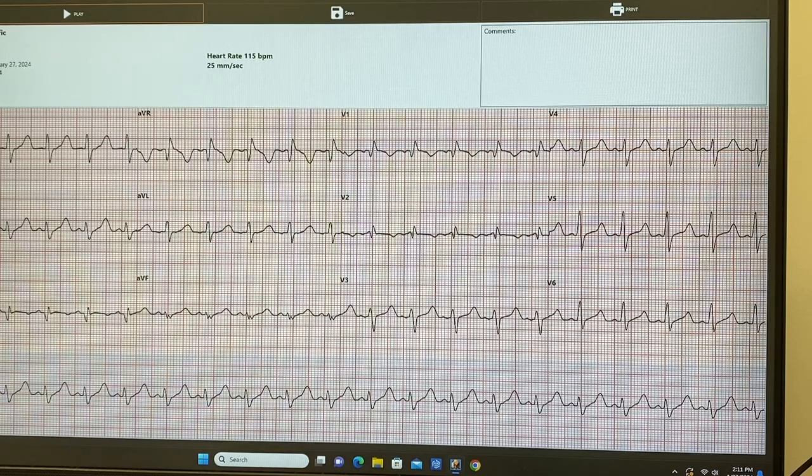Okay, now we can go to our ST segment. We have an inversion. Where? Right here.